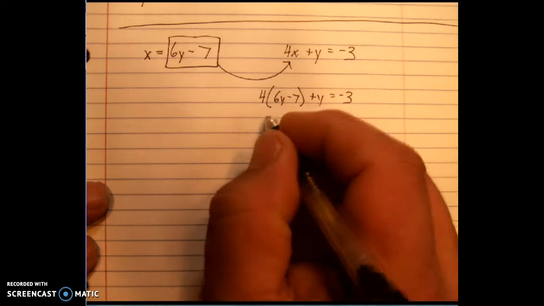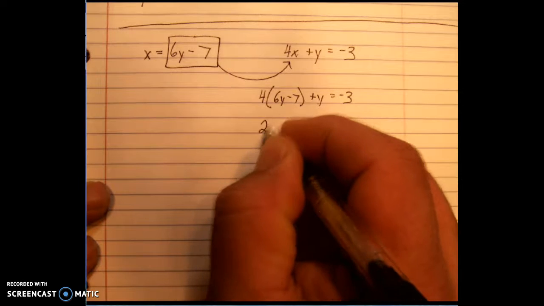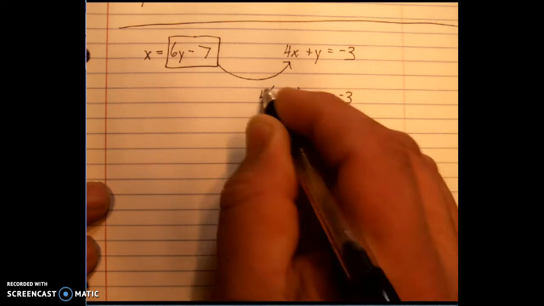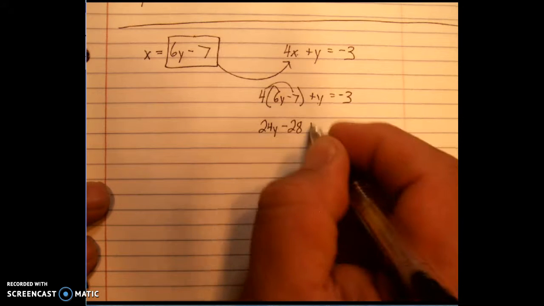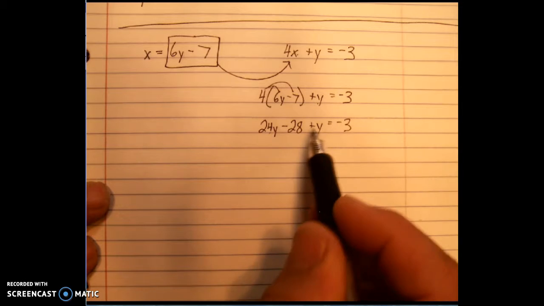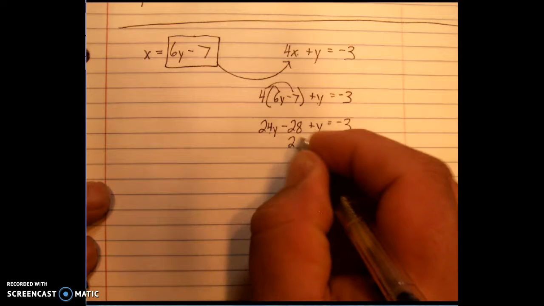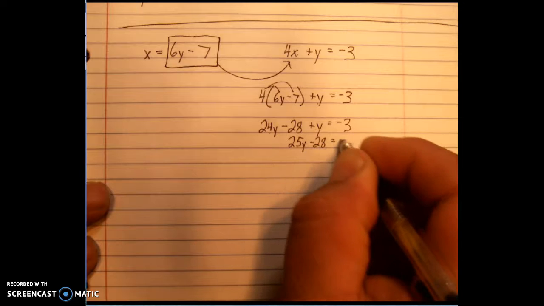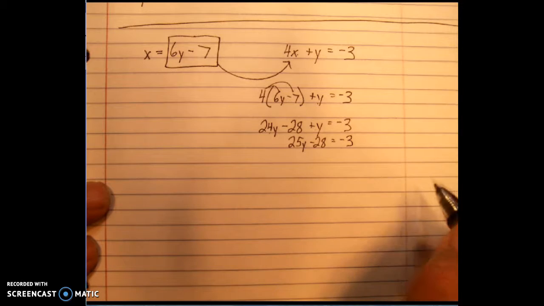Now I'm going to distribute: 24y minus 28, plus y equals negative 3. Combining like terms, 25y minus 28 equals negative 3.